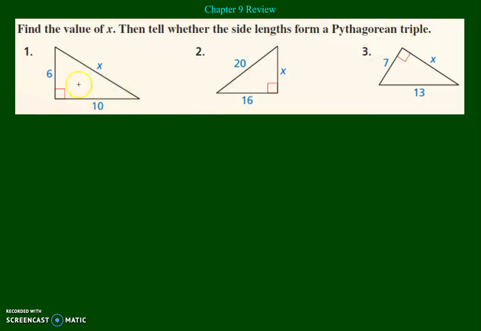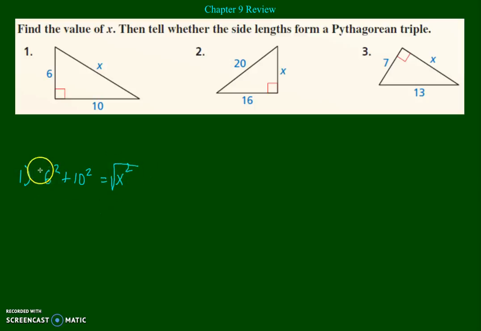First, we're going to apply the Pythagorean theorem, which says that the sum of the squares of the legs of a right triangle equals the square of the hypotenuse. So let's begin. For number 1, we'll say 6 squared plus 10 squared equals x squared.